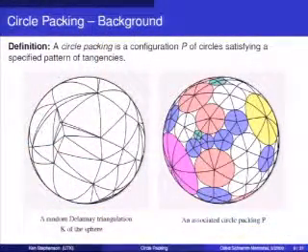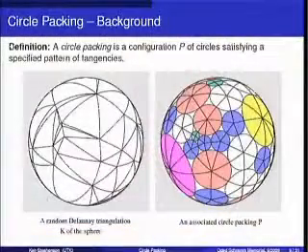And now every triangulation of the sphere has associated a circle packing. The color coding is just about the degree, so there's nothing special about that. It's a little prettier sometimes. But the point is that with every vertex in the triangulation, there's associated a circle. And if 2 vertices are connected by an edge, those circles are required to be tangent to one another.